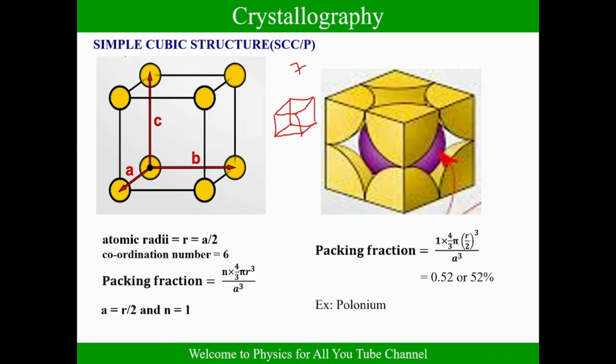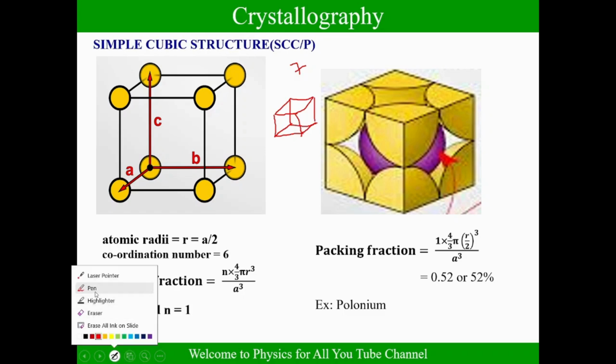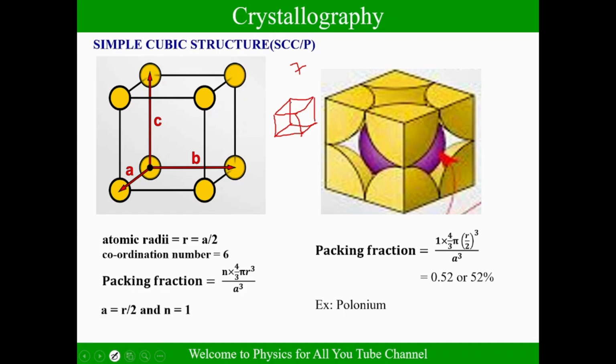Now, to know about simple cubic structure, first of all, consider one unit cell. I am going to represent it with the help of another color. Go through this slide carefully. This is one corner of the unit cell. Like this, how many corners does this unit cell have?